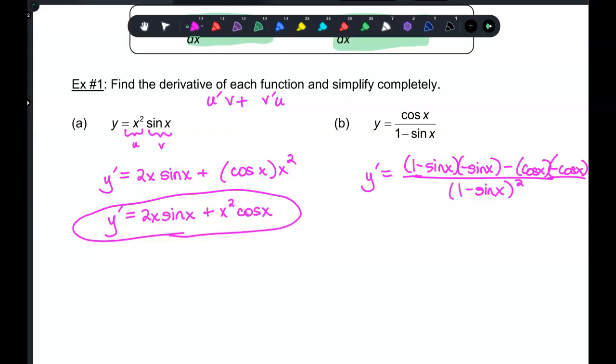Okay. Let's multiply out that numerator. What do we get? That's going to be a negative sine x plus sine squared x plus cosine squared x.